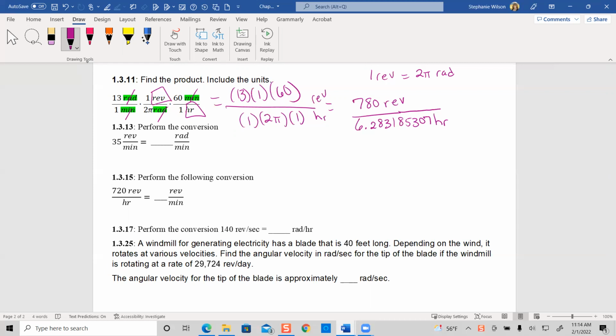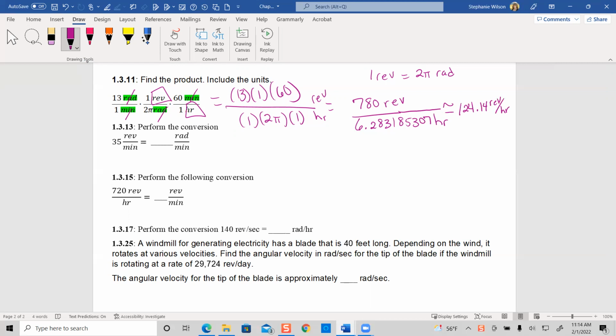Okay, so now I'm going to divide that 780 by the 6.283185307, and let's round it to the nearest hundredth. And I get 124.14 revolutions per hour.